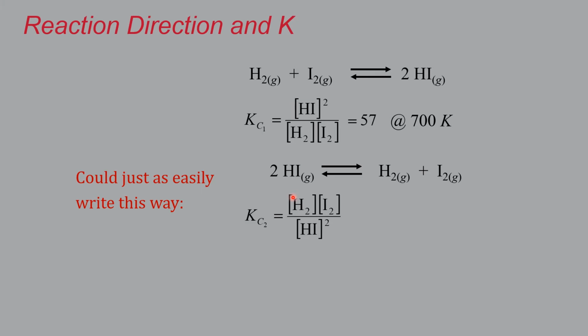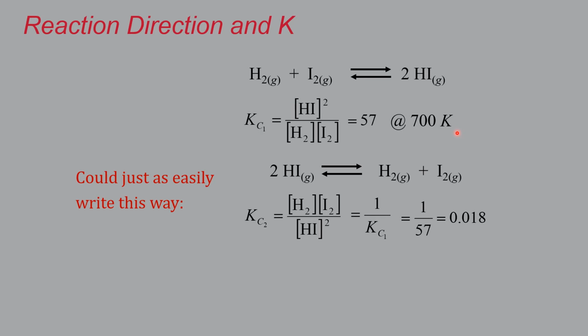All right, so I'm going to call this Kc2, and it's going to be, again, products over reactants raised to the appropriate power. So I've got H2 to the first power, I2 to the first power, divided by the concentration of HI to the second power. And if you look at it, that happens to be the exact inverse of Kc1, which means that you can expect this numerical value to be 1 over 57, or 0.018.